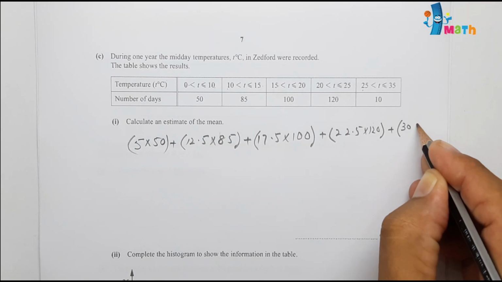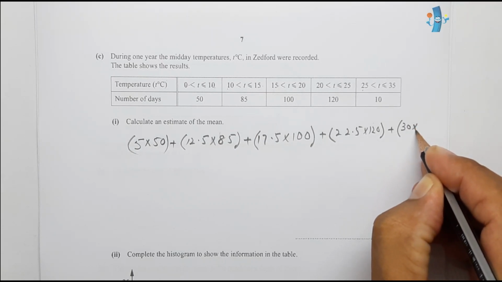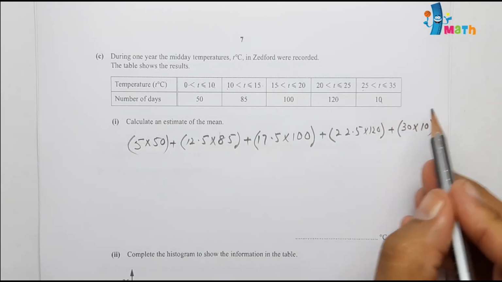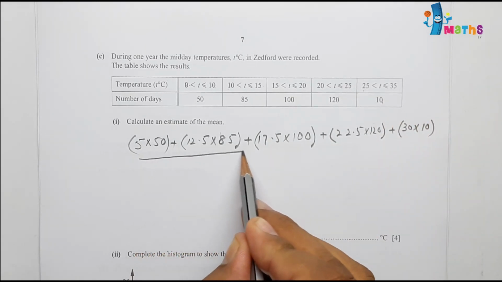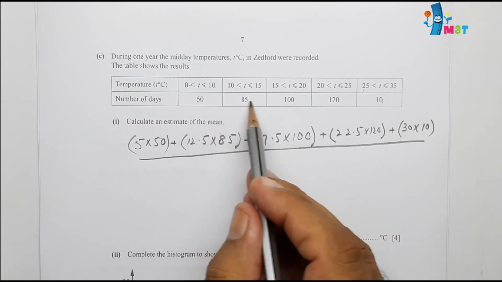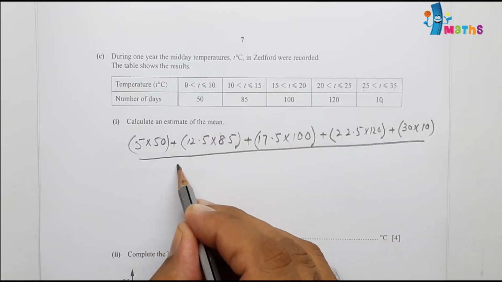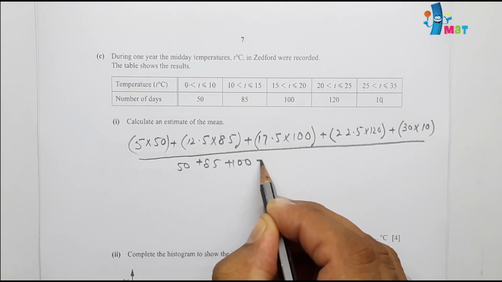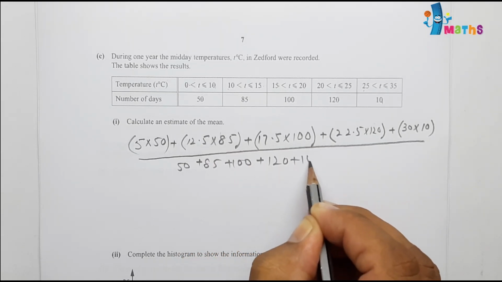So 30 multiplied by 10, because the number of days is 10, and divide this by the sum of these numbers of days, which is 50 plus 85 plus 100 plus 120 plus 10.